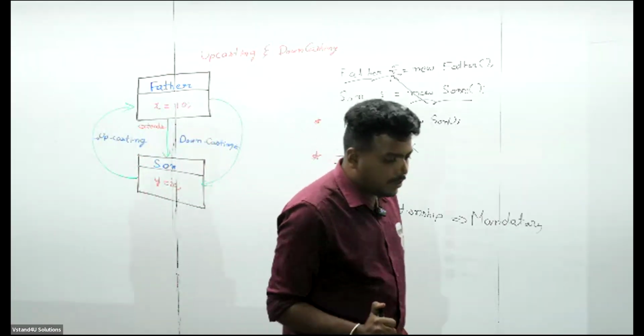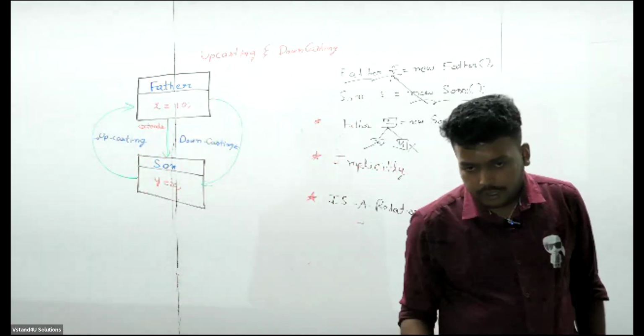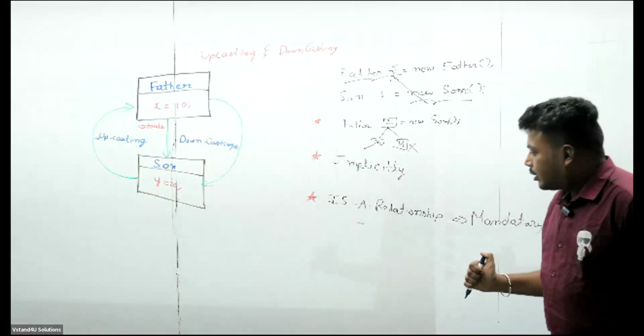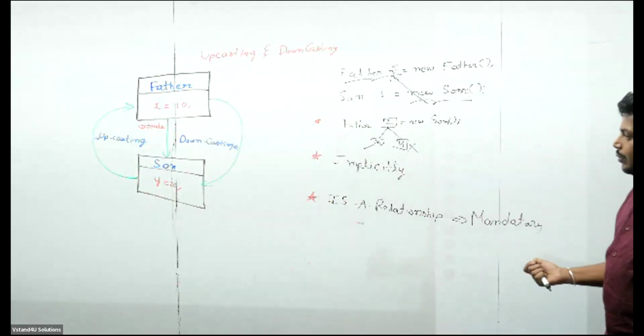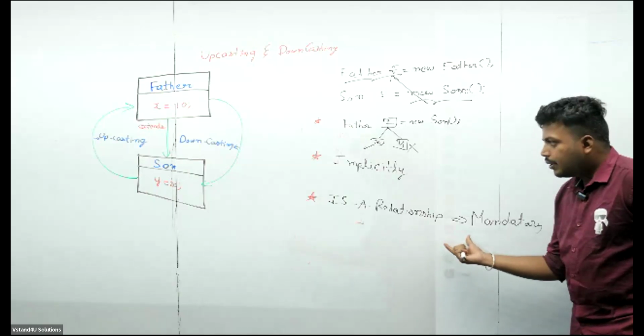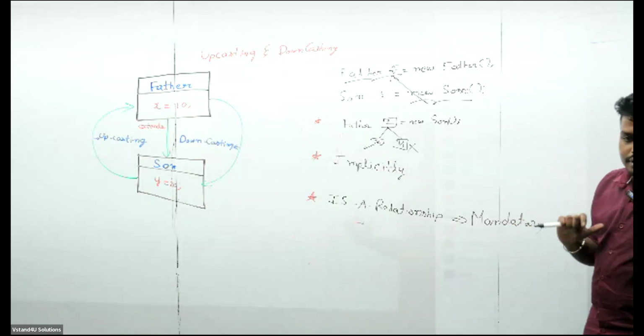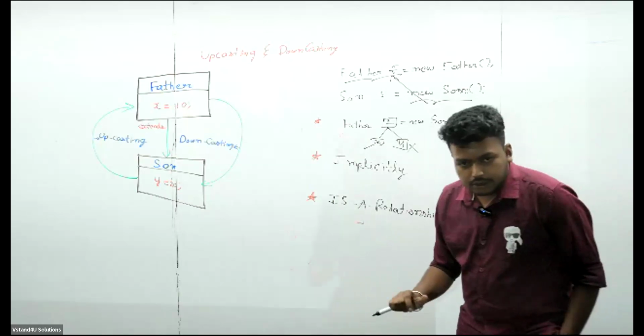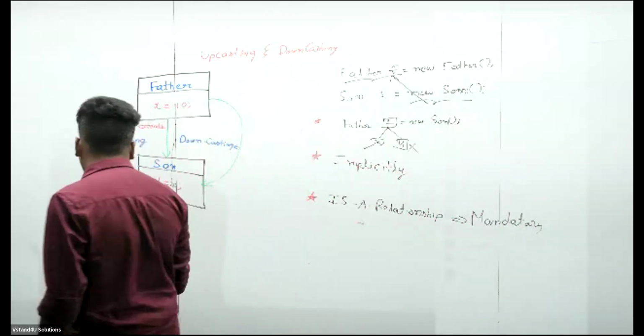Upcasting is done implicitly. For upcasting, an is-a relationship is mandatory. Understood?